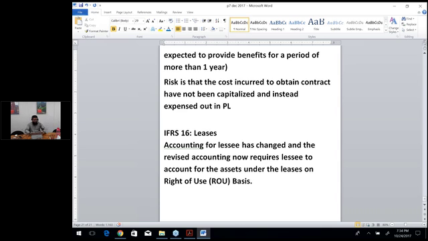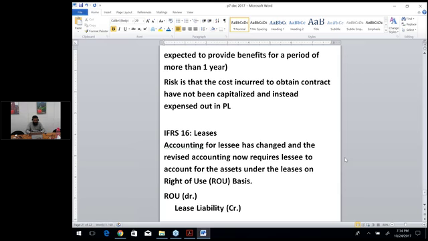So now see, basically what happens is, how do we record it? We record it this way: right of use of the asset, debit, and correspondingly credit.